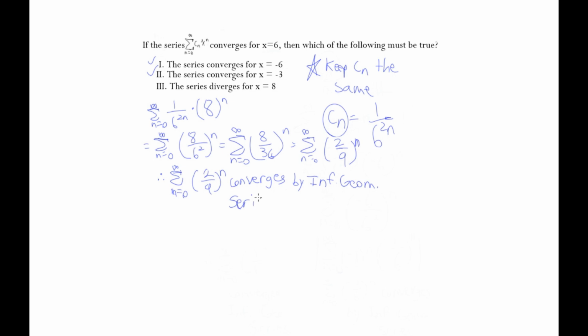So let's look at the statement. Well, the statement says the series will diverge for x equal to 8, but as we just proved, it converges. So therefore, this statement is wrong and it cannot be 3. So our answers are that 1 and 2 are true.